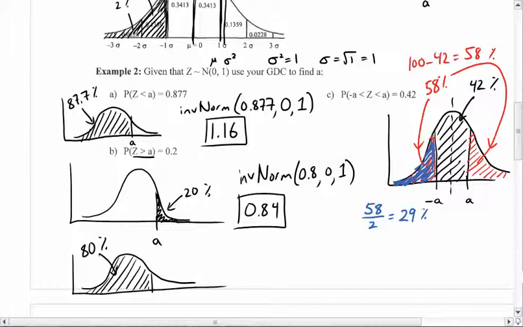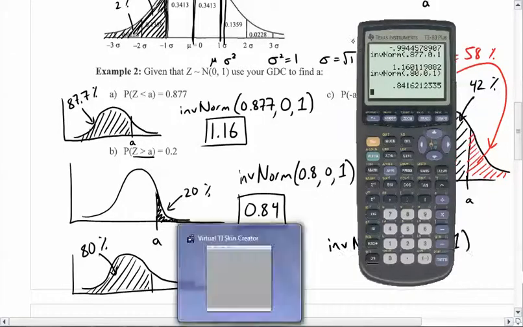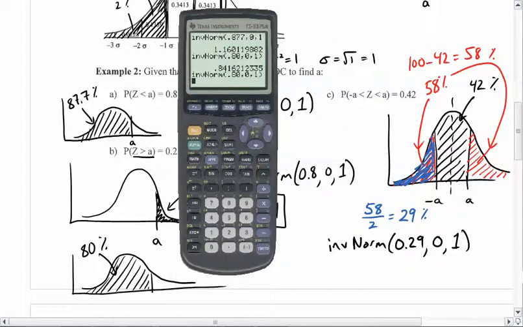So now I can use my inverse normal to find out where is negative A. Negative A is 29% of the way in. My mean is 0. Standard deviation is 1. So now I put in 0.29 with 0, 1. And I get negative 0.55.